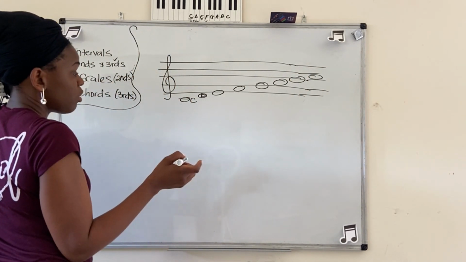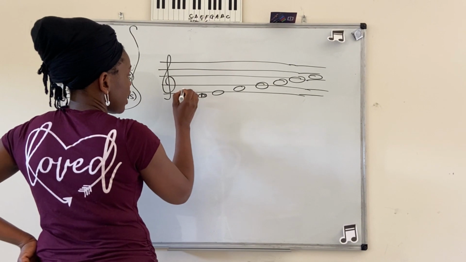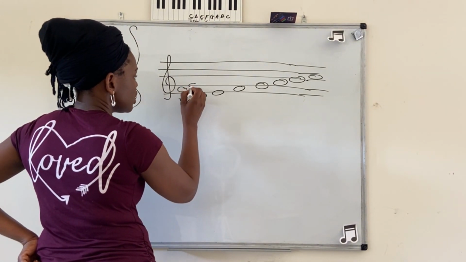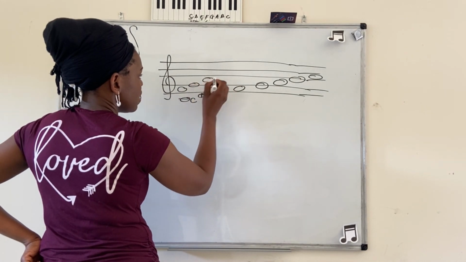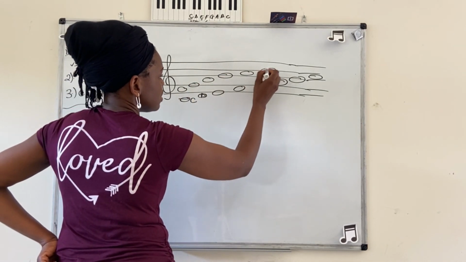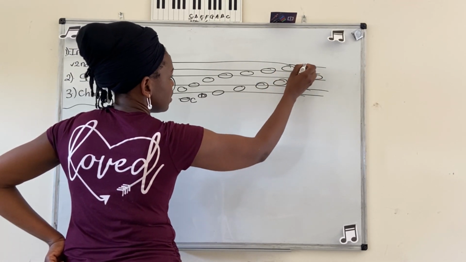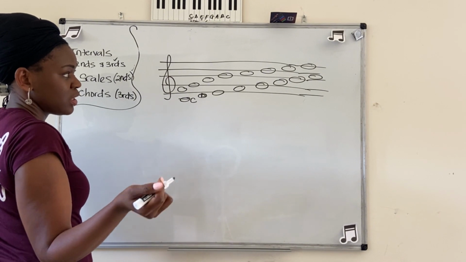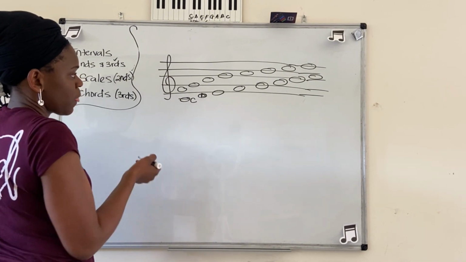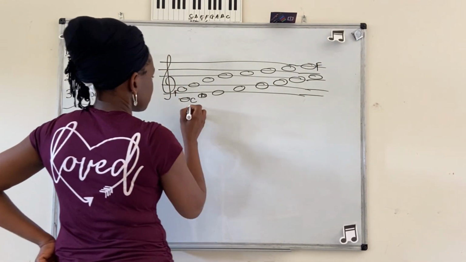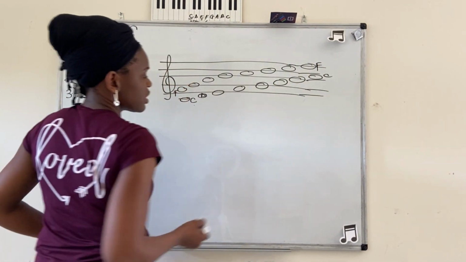You have a scale of F, which starts from F and goes to G, A, B, C, D, E, and F. And each of them contains eight letters, from F to F, and from C to C. That's our scale.